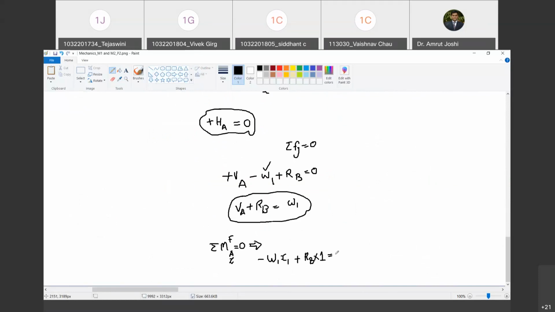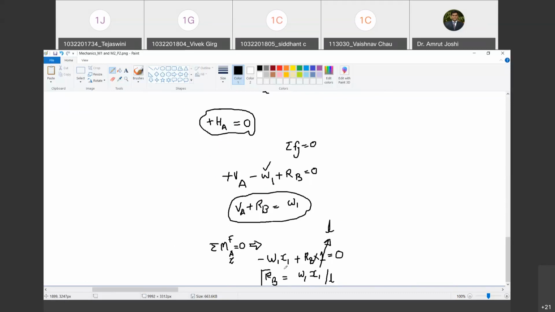And this must be equal to 0. Are you with me? Yes, sir. So how much is RB? Tell me. RB is equal to W1 times X1. Or if I simply write this 1 meter as the length of the beam, it is going to be W1 X1 upon L. Happy?